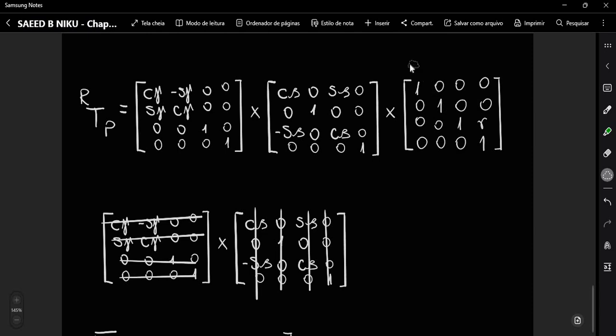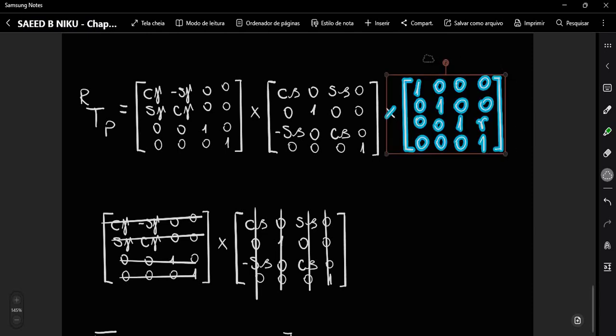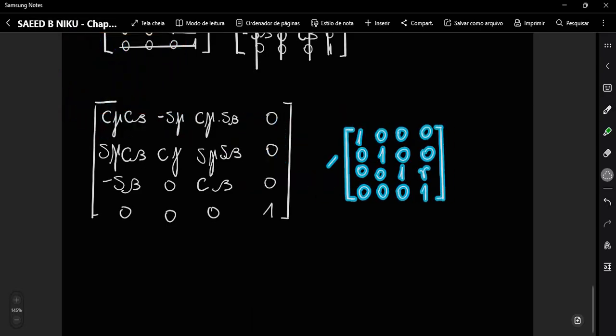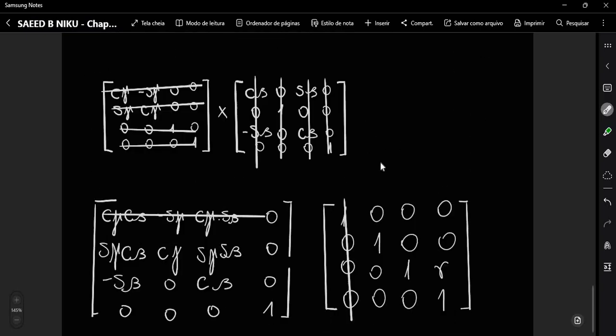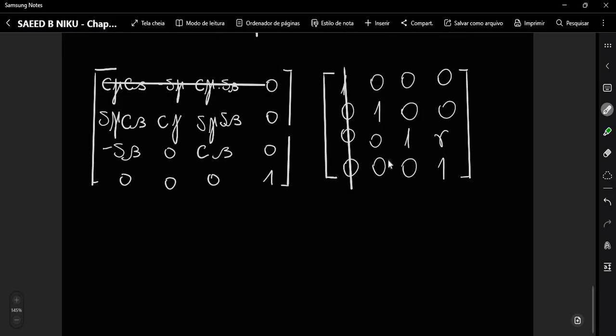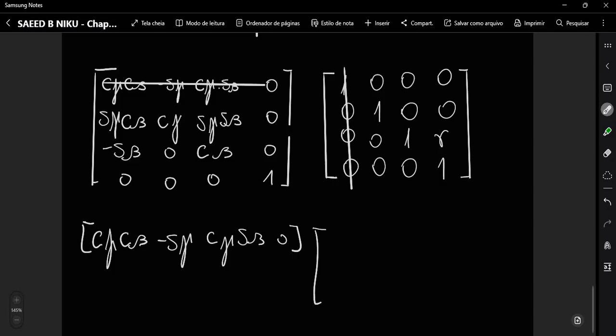Now let's multiply with this another matrix. So this line with each column, so cosine of gamma, cosine of beta, minus sine of gamma, cosine of gamma, sine of beta, 0, 1, 0, 0, 0.